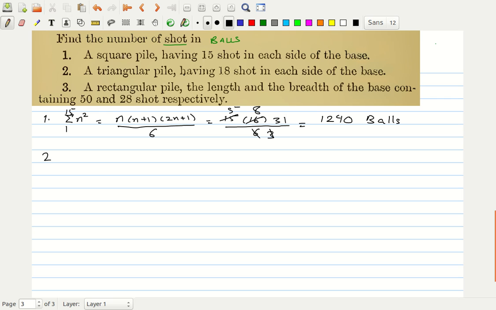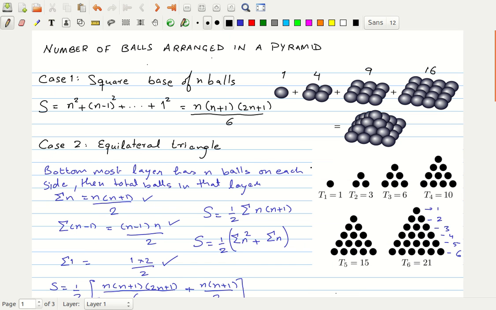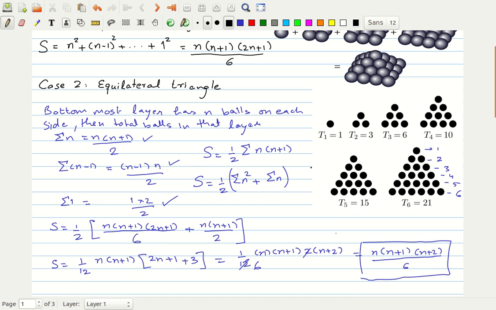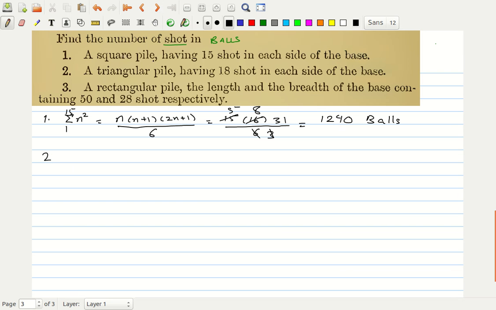Okay, now let us look at the second problem. A triangular pile having 18 shots in each side of the base. So we already know how to find for the case of triangle. It is simply n times n plus 1 times n plus 2 by 6. I recommend that you watch that complete video if you are not yet convinced of the formula, and if you are watching this video directly and without watching the first one.